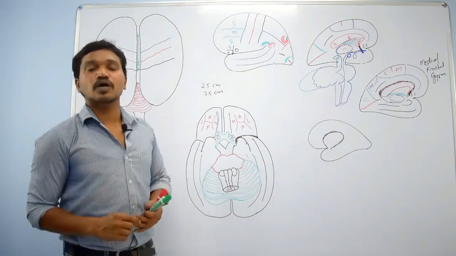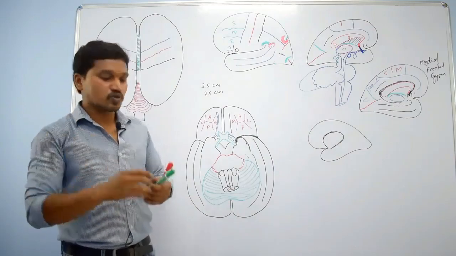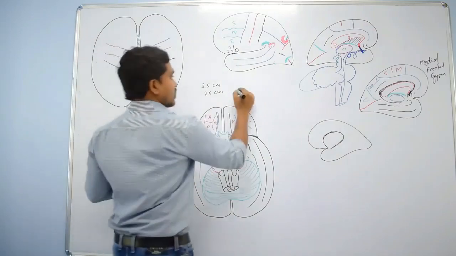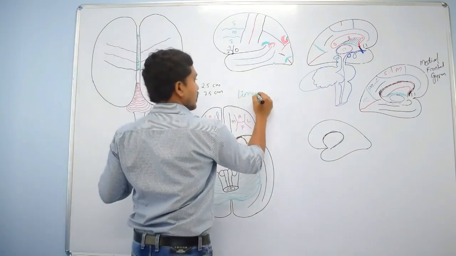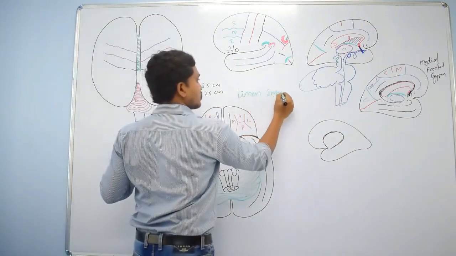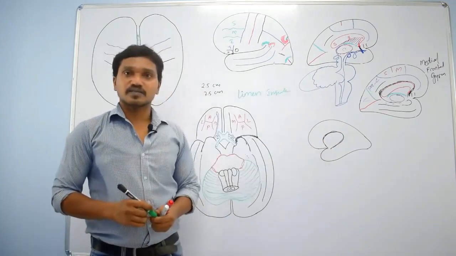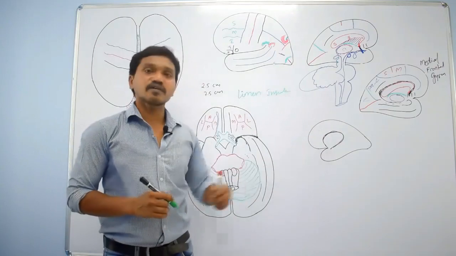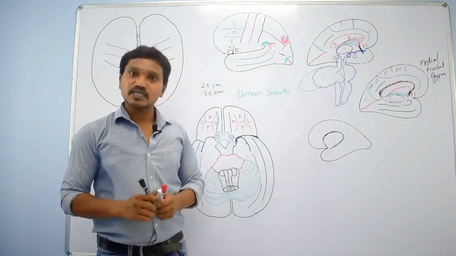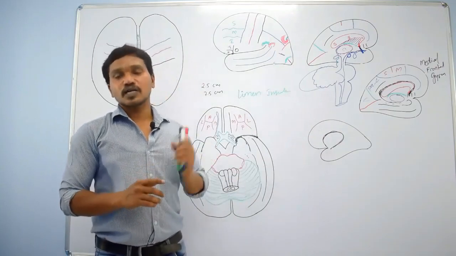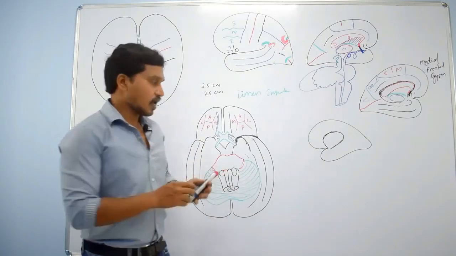That apex we call the limen insulae. This island of cortex, present in the floor of the posterior ramus of the lateral sulcus, we call the island of Reil.